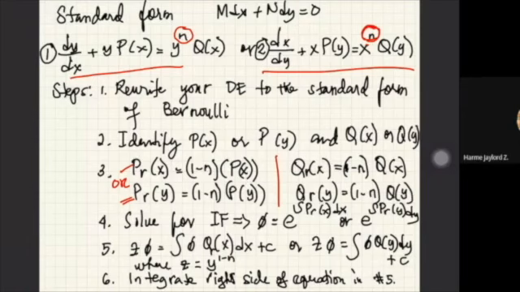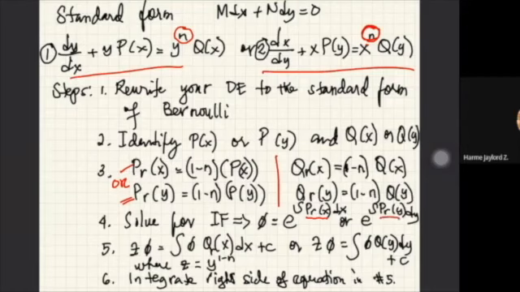If your x is the dependent variable, then you use QR of y, 1 minus n times Q of y. Step number 4, you solve for the integrating factor, which is equal to e to the integral of PR of x. So you're going to use PR of x or PR of y.